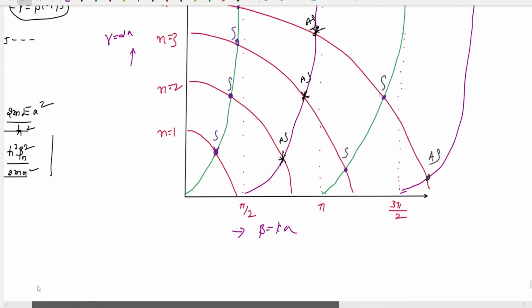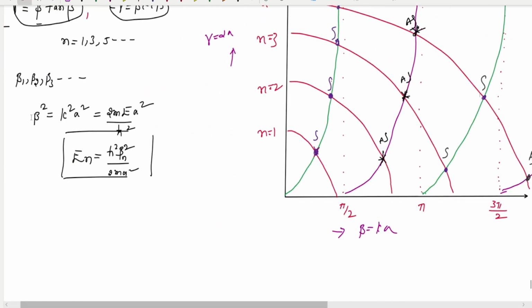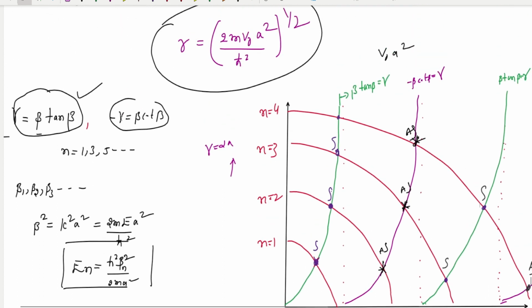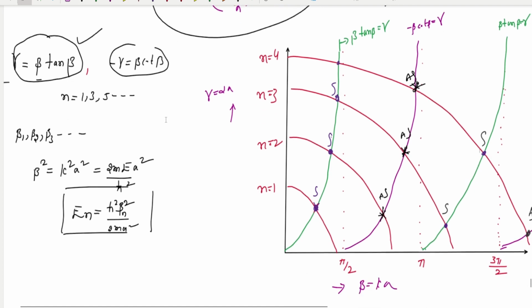Therefore, here I'm going to find these energy values. So beta square is equal to k square a square equal to 2m e square. From this equation, En equal to h cross square beta n square divided by 2m a square. Similarly, we can get energy values for minus gamma equal to beta cot beta.